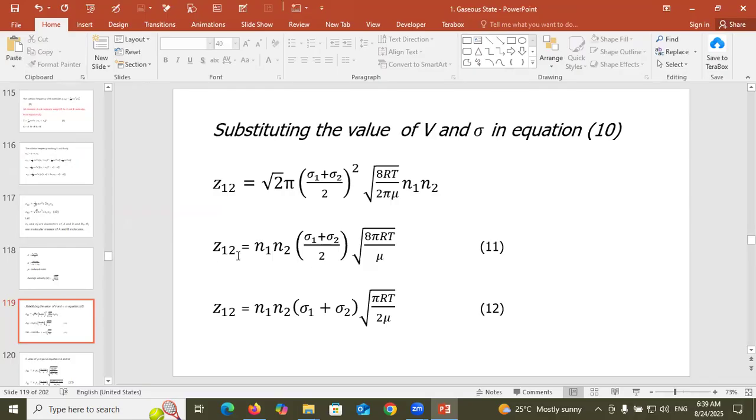Again, we can write Z12 equals n1 n2 ((sigma 1 plus sigma 2) over 2) squared root under 8 pi RT over mu.